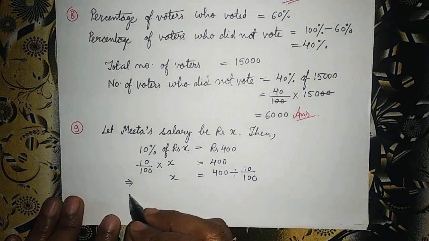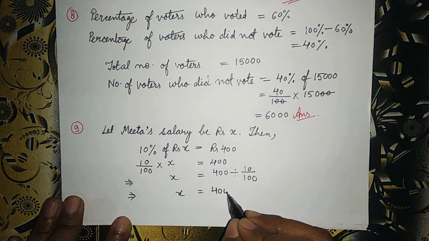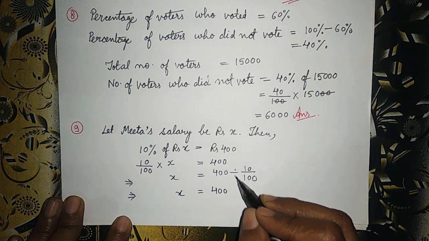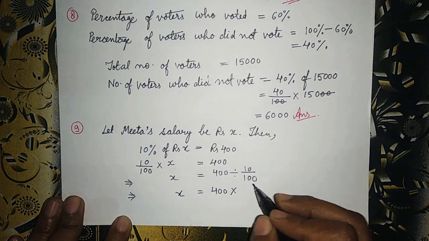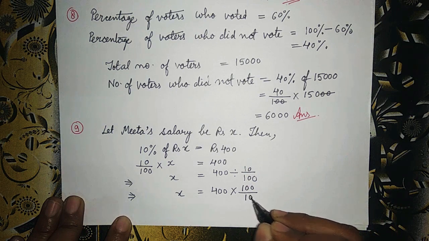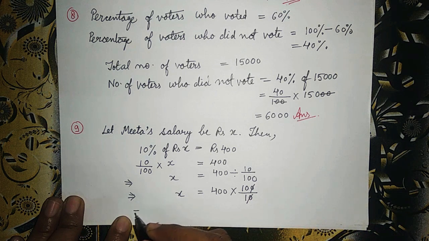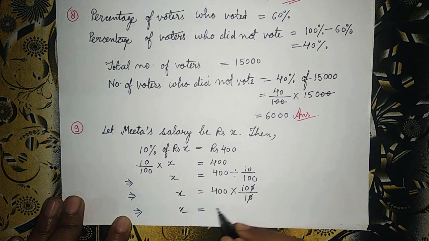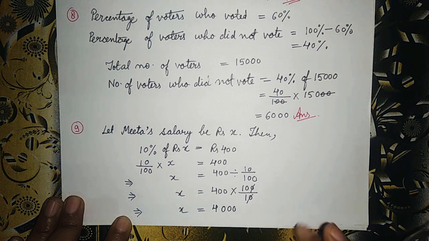In place of the division sign, we will put the multiplying sign, and then we will write the reciprocal of 10 upon 100, and here we will write 100 upon 10. Now this 0 and this 0 we can cancel. Now in the next step we will get 4 1s are 4, and after 4 we will put 3 zeros.